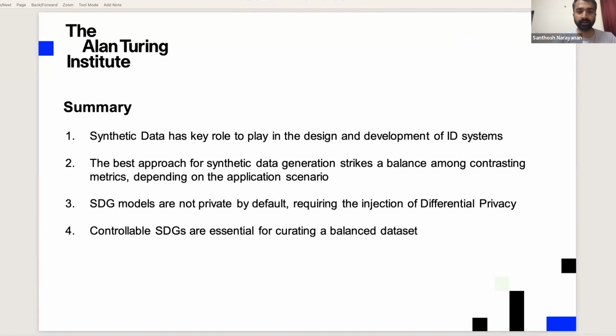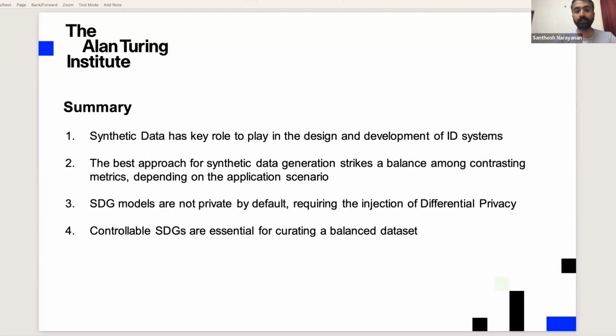And there are a lot of methods that are being developed and already published that do guarantee differential privacy for synthetic data. And finally, when we want to curate a balanced data set so that we can build fairer models, we need to figure out a way we can use these synthetic data generators in a controllable manner, right? So these are the key highlights.